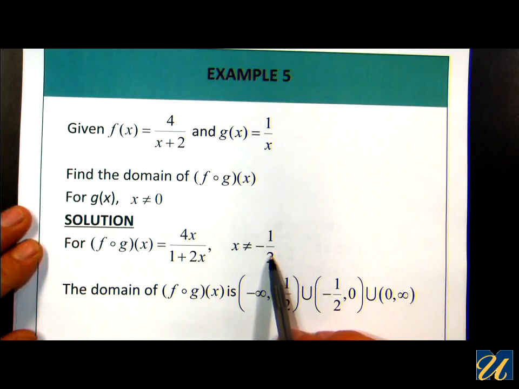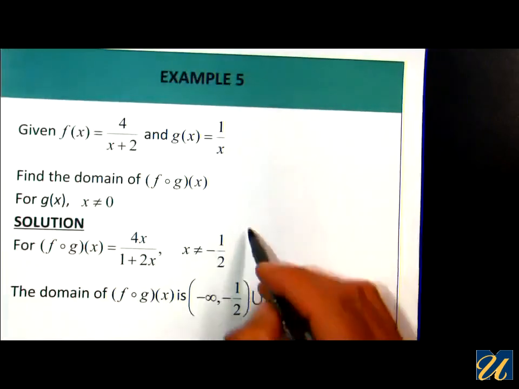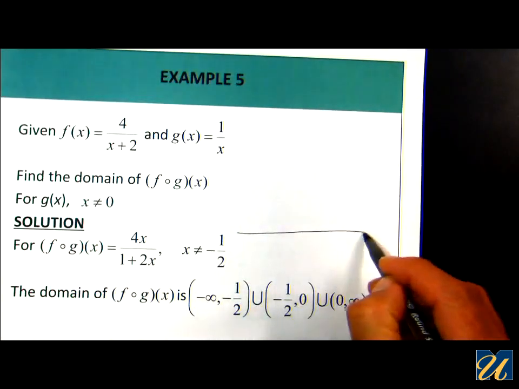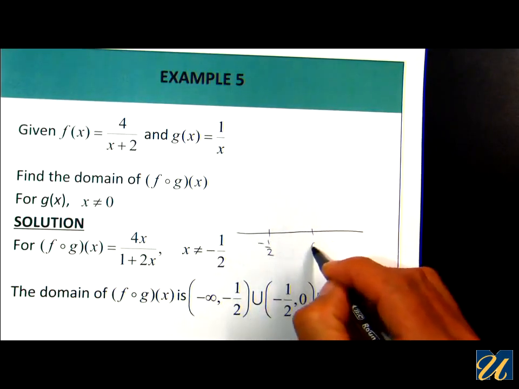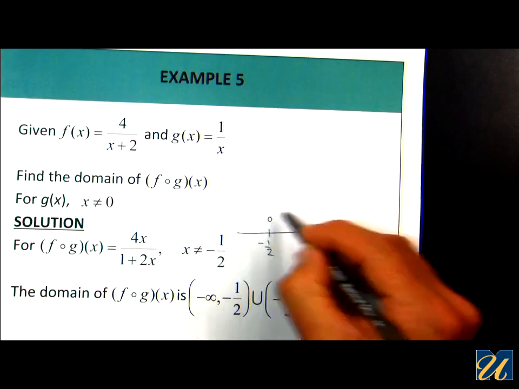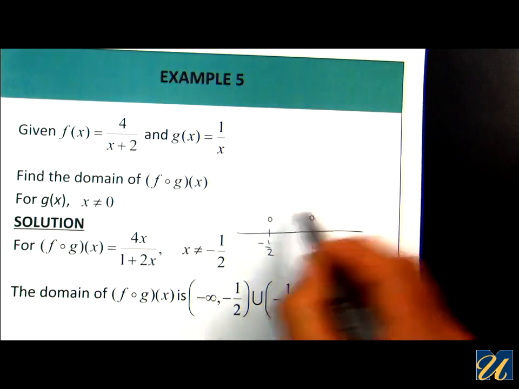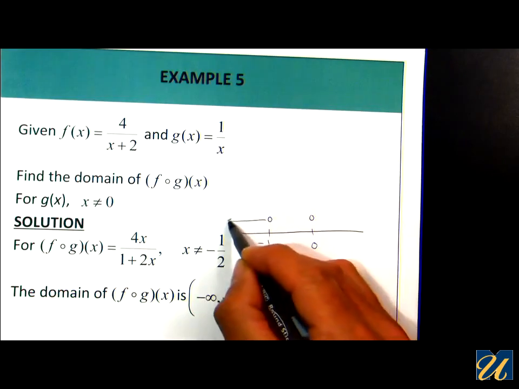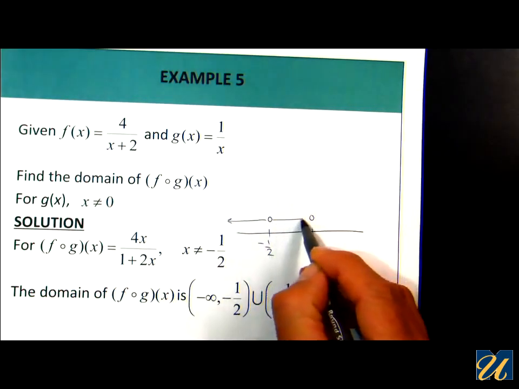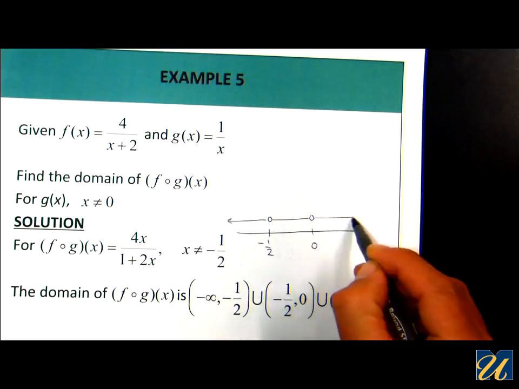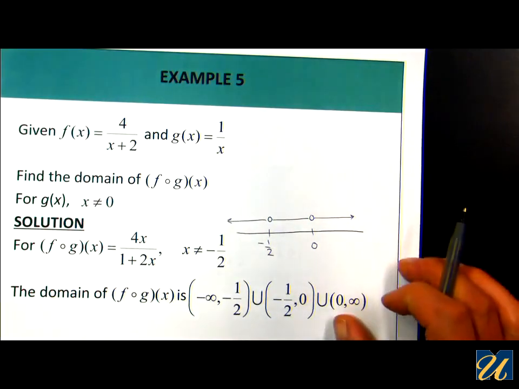Now, how do you say that in interval notation? Again, I suggest you draw a number line, you locate negative 1/2, and you locate 0. You cannot include negative 1/2, and you cannot include 0. But anything to the left of negative 1/2 is acceptable. Anything in between negative 1/2 and 0 is acceptable, and anything to the right of 0 is acceptable.